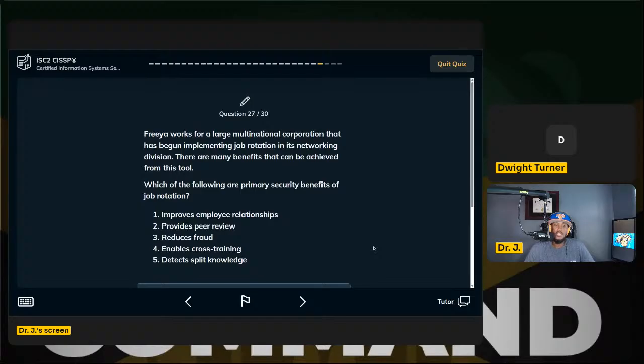Okay. All right. Freya works for a large multinational corporation that has begun implementing job rotation in its network and division. There are many benefits that can be achieved from this tool. Which of the following are primary security benefits of job rotation?